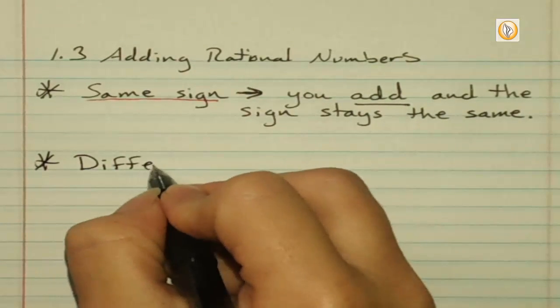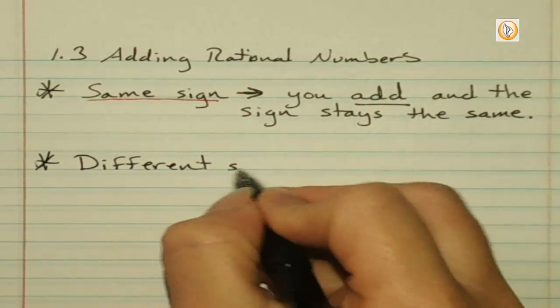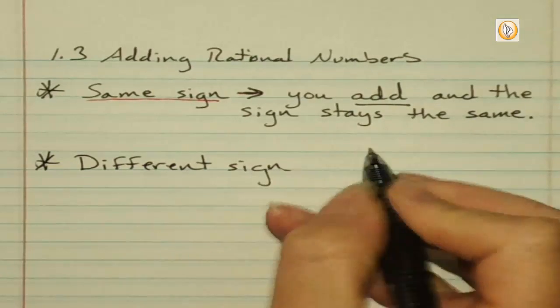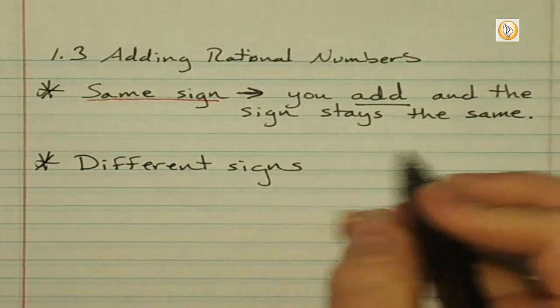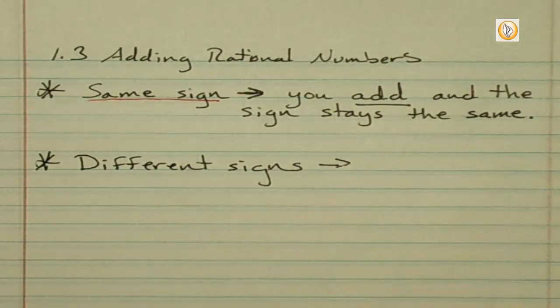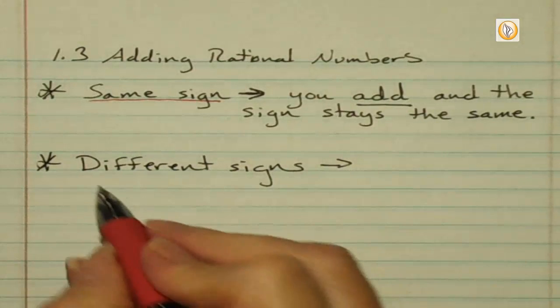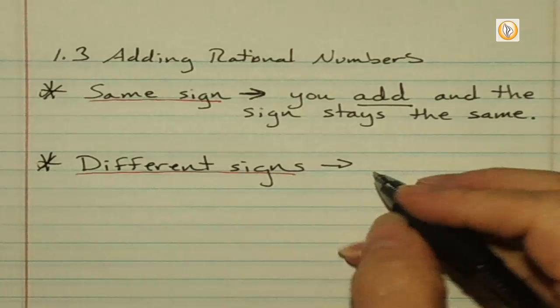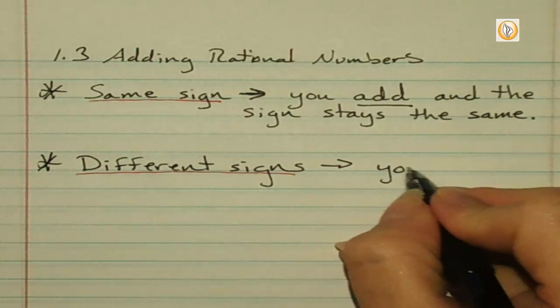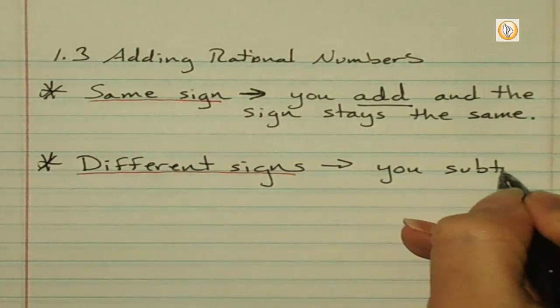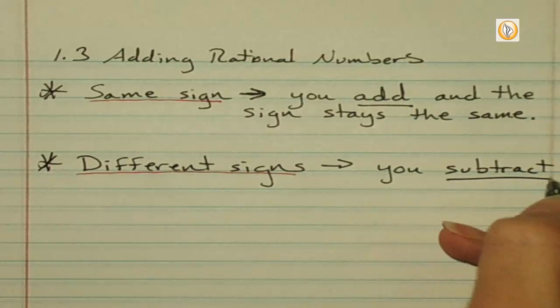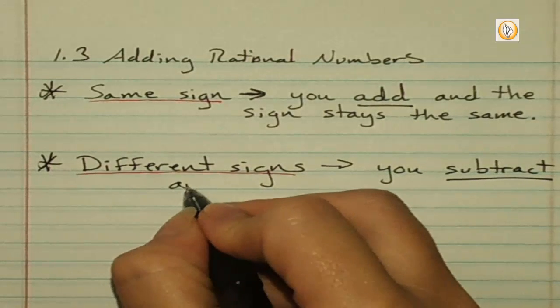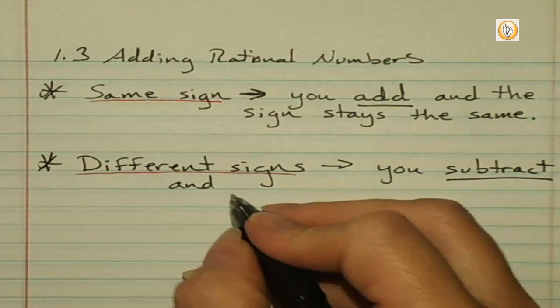If you have different signs, like you have a positive and a negative, whatever, what do you do? Raise your hand. Subtract. Thank you for raising your hand, Chap. You subtract and what? Hold on. Chap, go ahead.